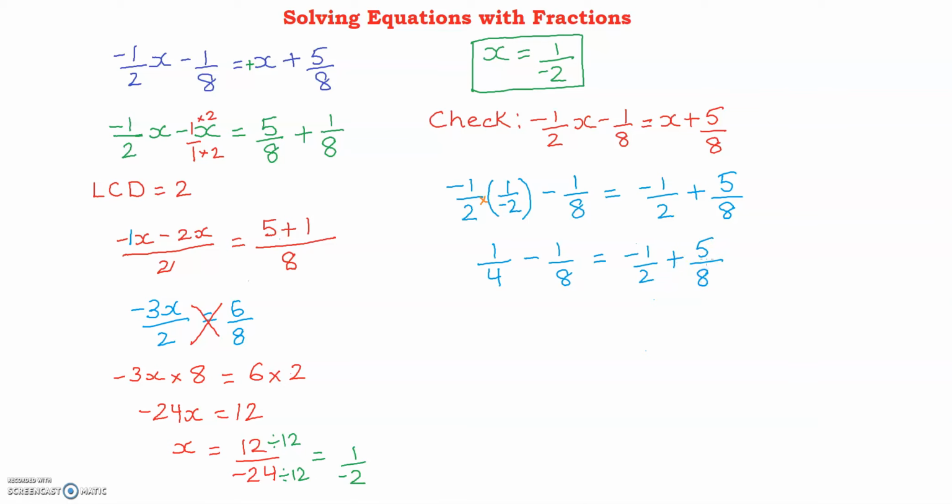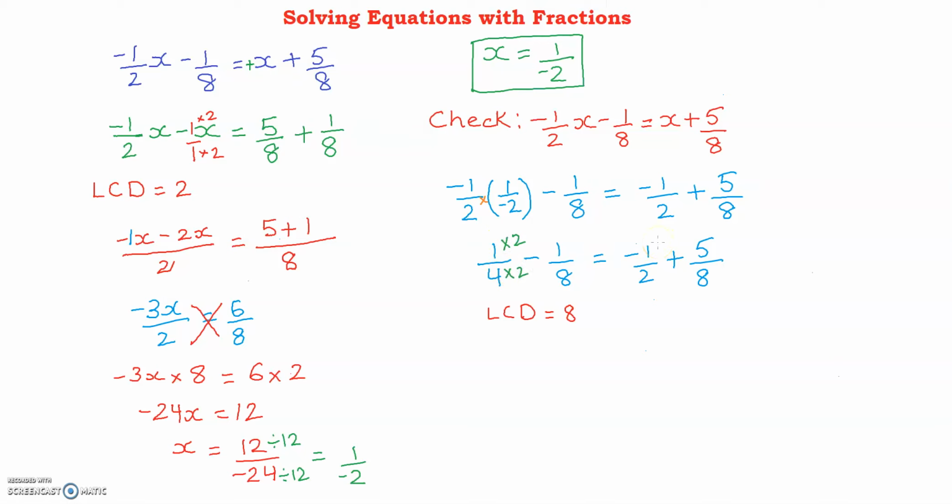So I will find the LCD, the lowest common denominator. For the left side of the equal sign, it's 8. And to the right side of the equal sign, it's 8 again. So I will make these into 8. In that case, I have to multiply this by 2, this by 2.